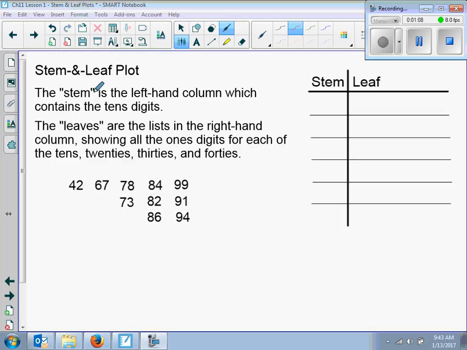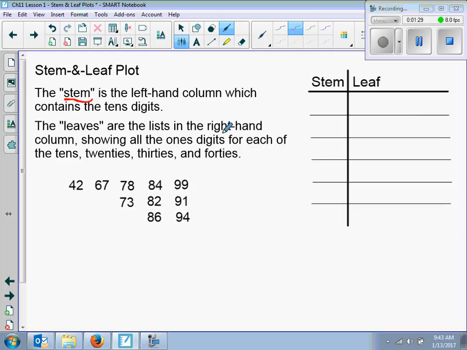It says the stem, you guys make sure you write this down in your notes. For a stem and leaf plot, the stem is the left-hand column, which contains the tens digit. Okay? The leaf side, or the leaves, go on the right-hand side. Okay?